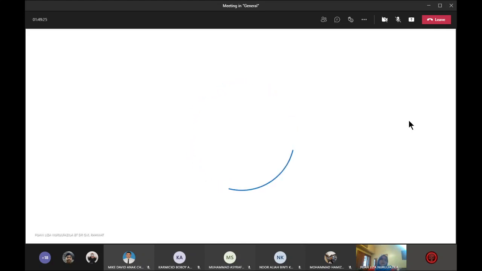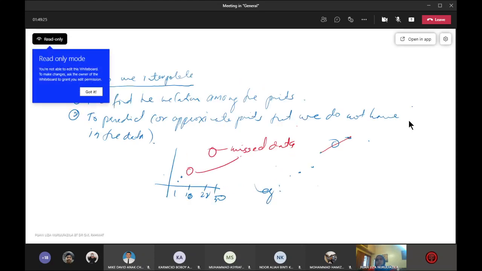Okay, so for the example, this one is in the Excel sheet just now. You have y equals 1.2278x squared plus 0.5542x.